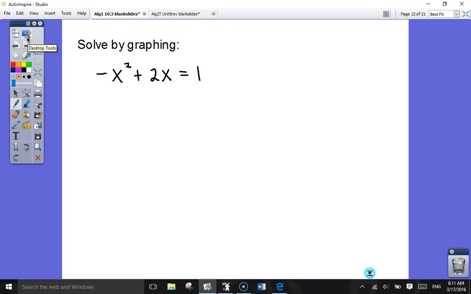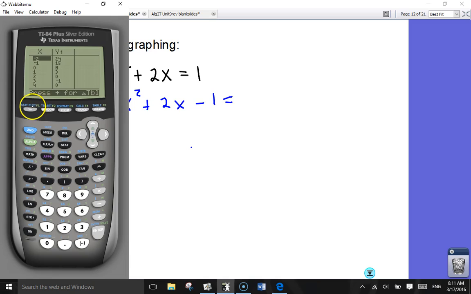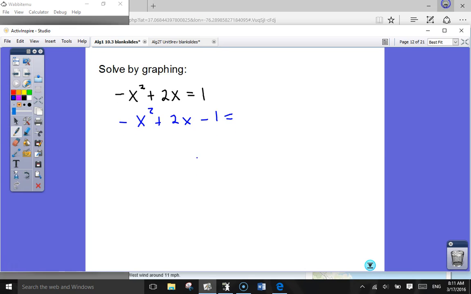Okay. So now let's see what happens with this one. First step, I need a 0. How am I going to make a 0 on one side? Subtract 1. Subtract 1, okay. Put it in the calculator. Negative x squared. Let's see if I can get it again. It's going down. The answer is 1.